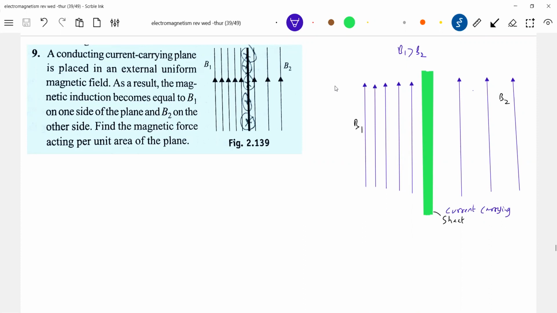Okay, this much is this. So let's assume a current in the sheet. Like a current carrying sheet here. So in what direction can you suggest the current here? Okay, then B1, B2, I'll come later on.